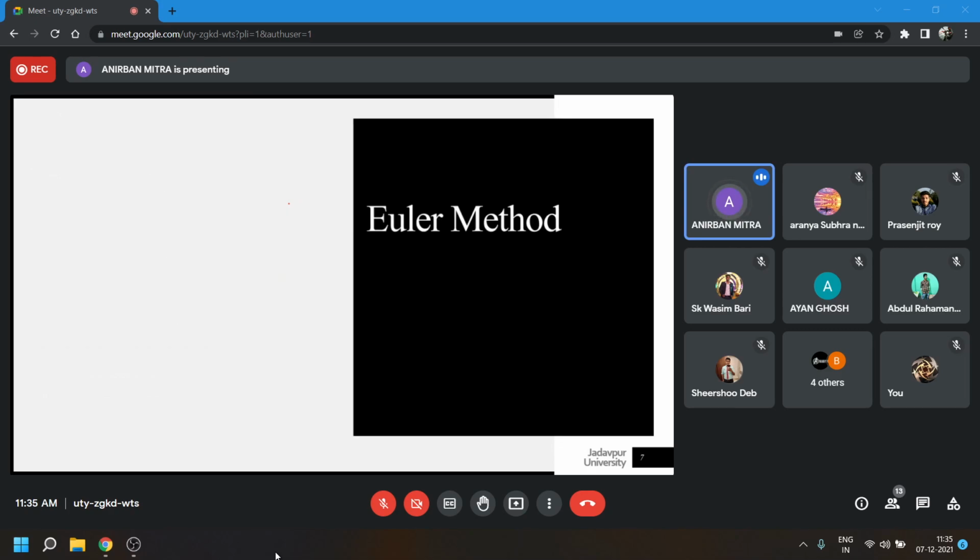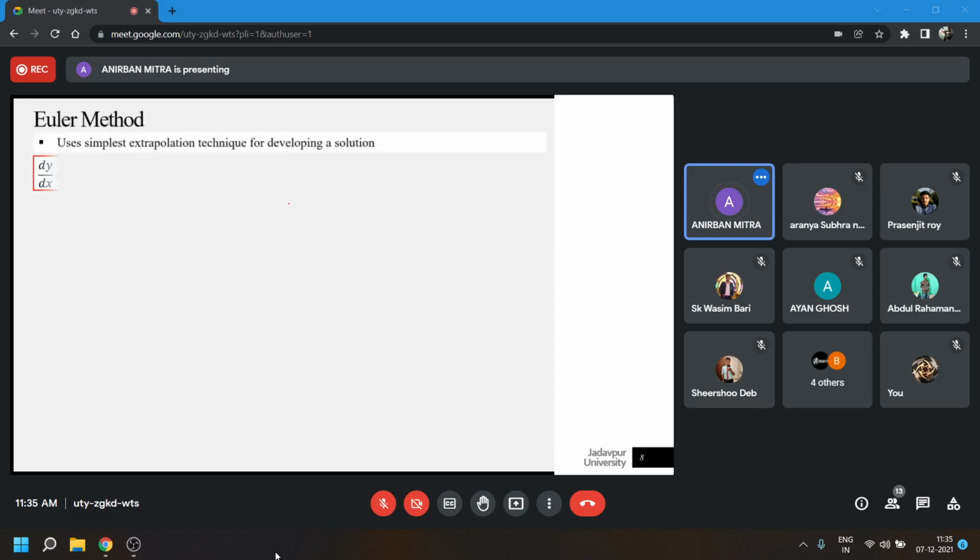Let us now discuss one of the simplest extrapolation techniques through which we can obtain the numerical solution of an ODE. And this is known as the Euler method. As already said, this is probably one of the simplest methods and uses a very simple extrapolation technique for developing a solution.